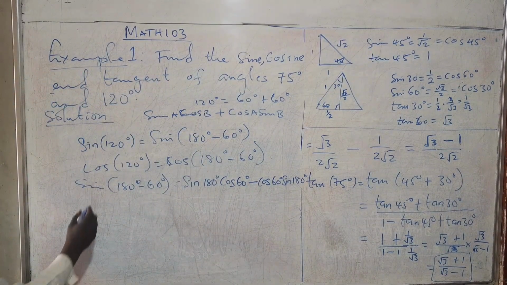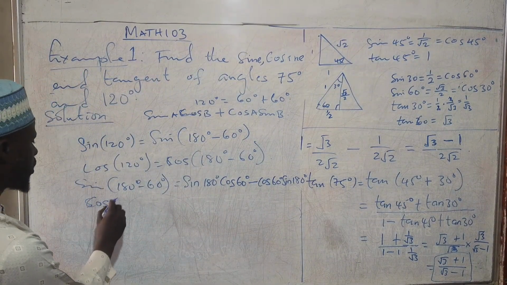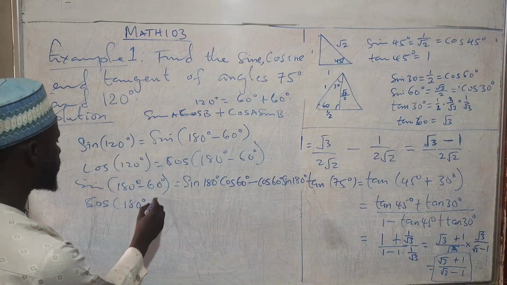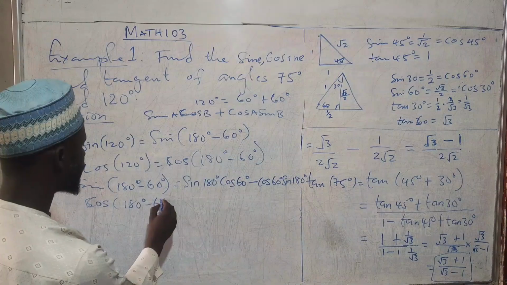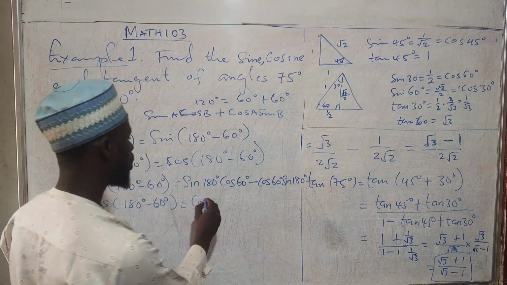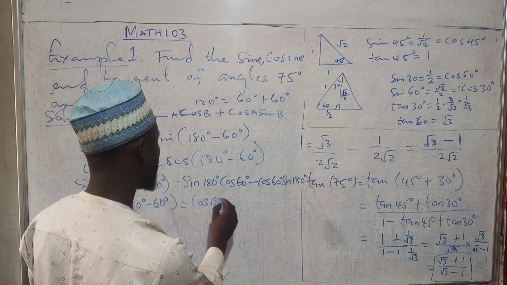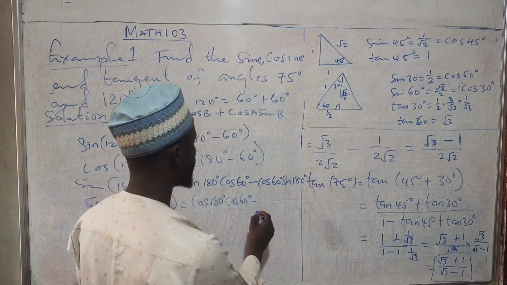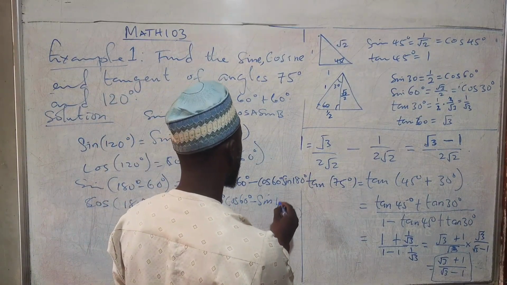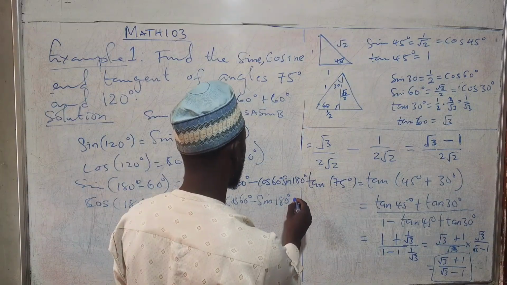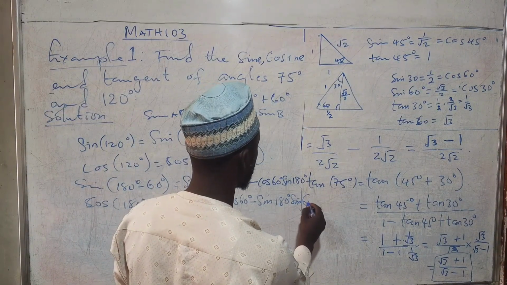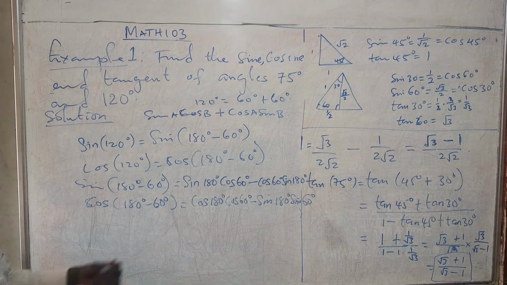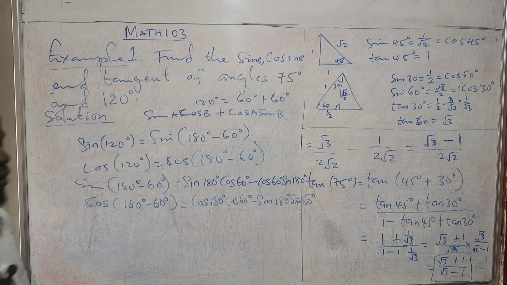And for the cos function of 120, that is 180 degrees minus 60 degrees, so this is equals to cos 180 times cos 60 degrees minus sine 180 sine 60 degrees. If you evaluate this, these are the respective sine and cosine.